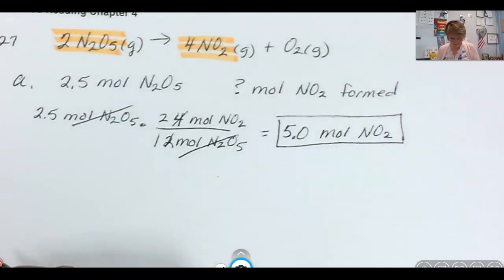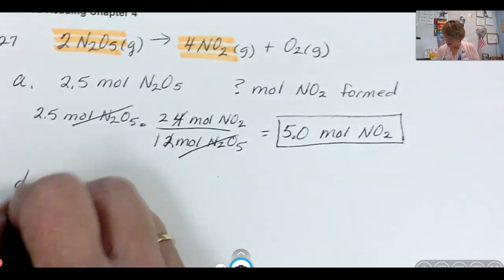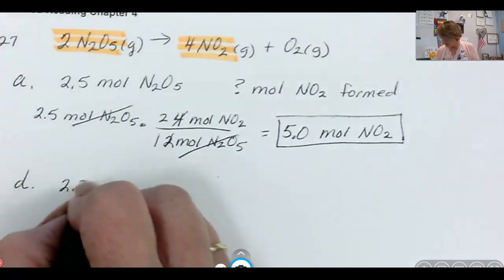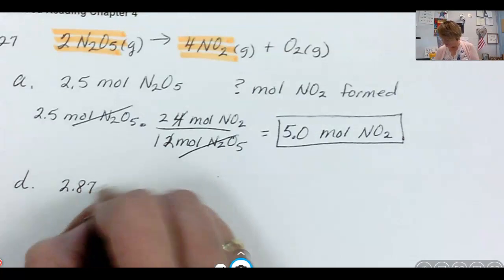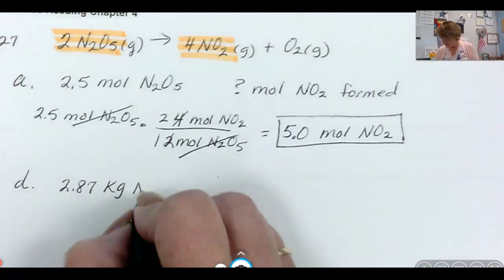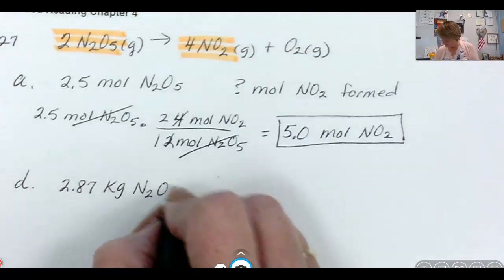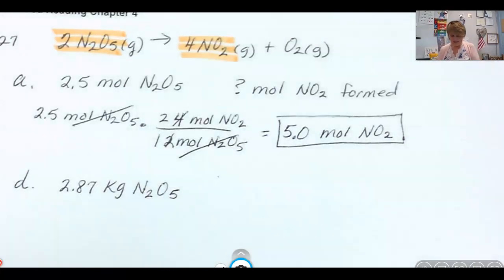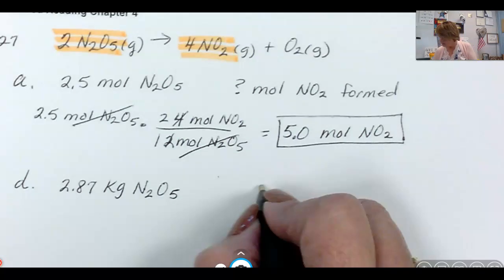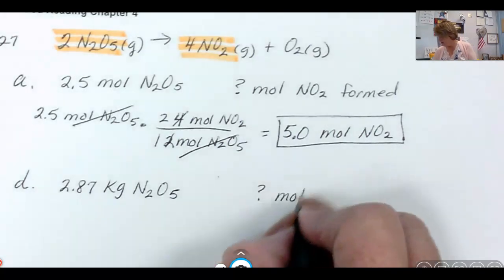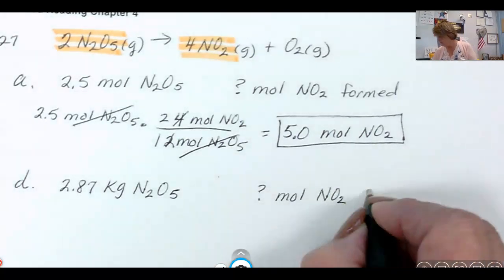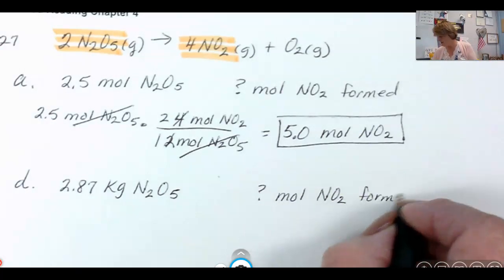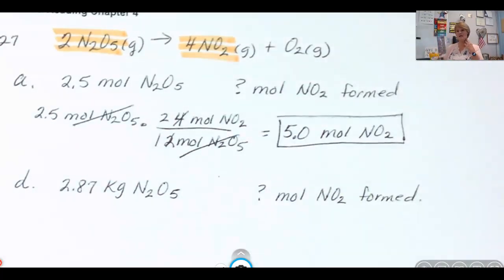So then the next one we said we're going to do is D, and it's 2.87 kilograms of N2O5. Now the question still asks for, it didn't change the question. The question is still moles of NO2 formed. Okay, so the question didn't change.